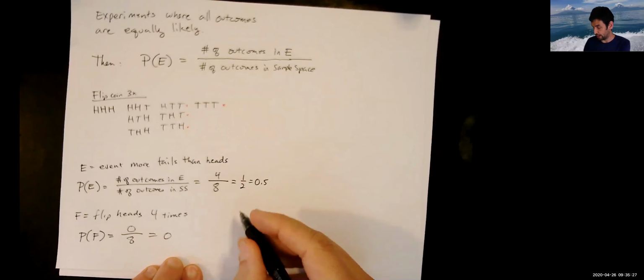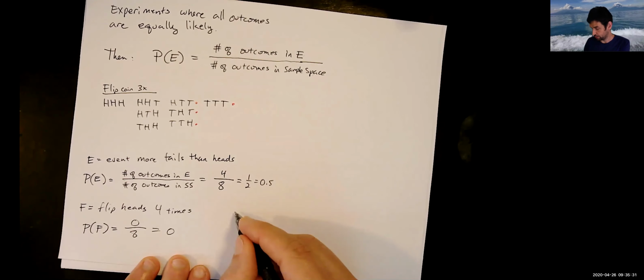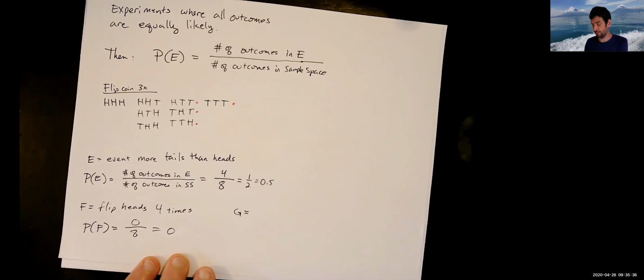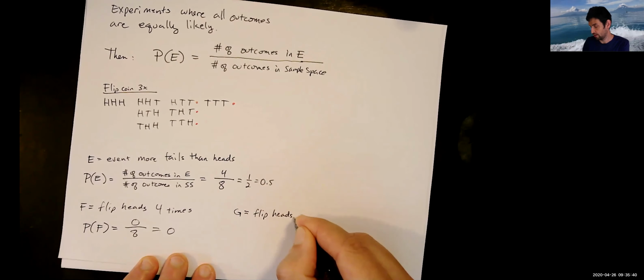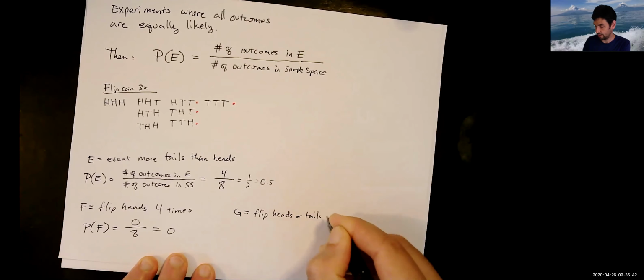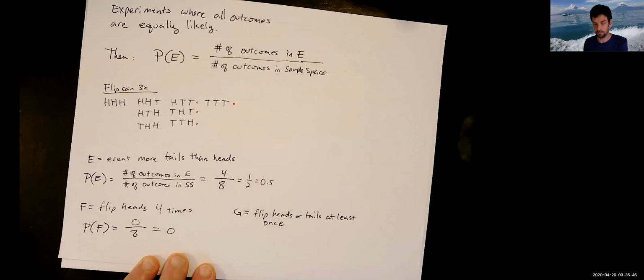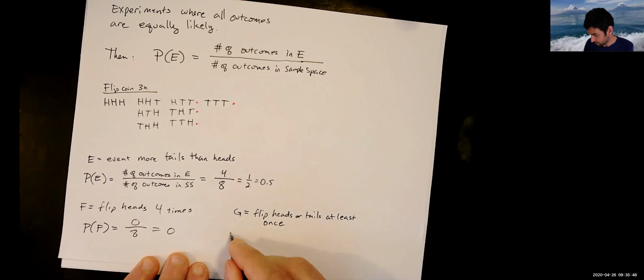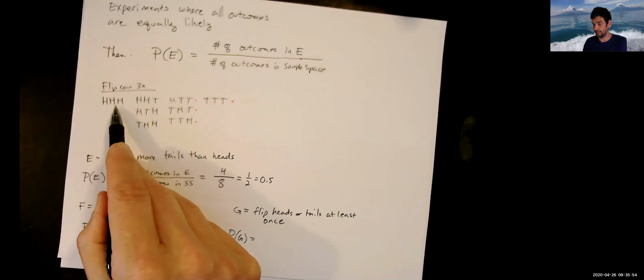In a similar way, let's do one more silly event. Let's have G be the event flip heads or tails at least once. All right. Well, every outcome has heads or tails at least once, right? This one has heads at least once.